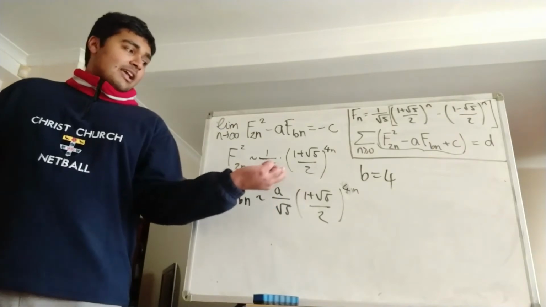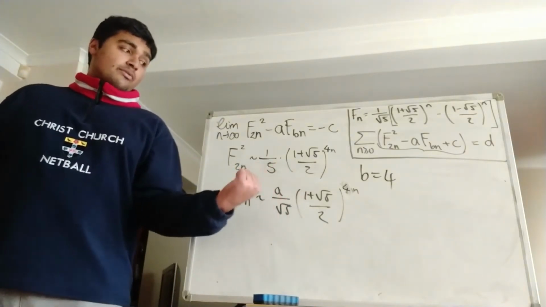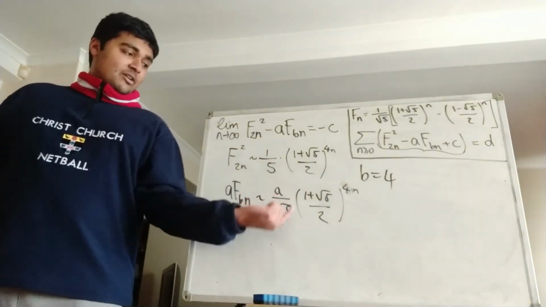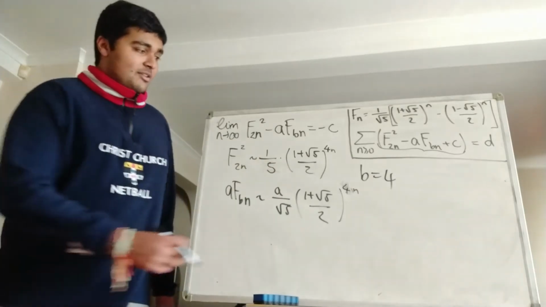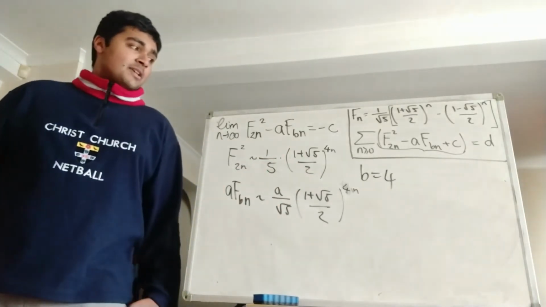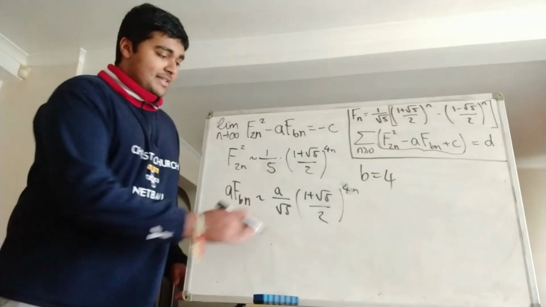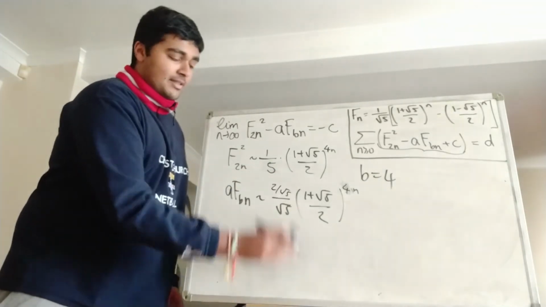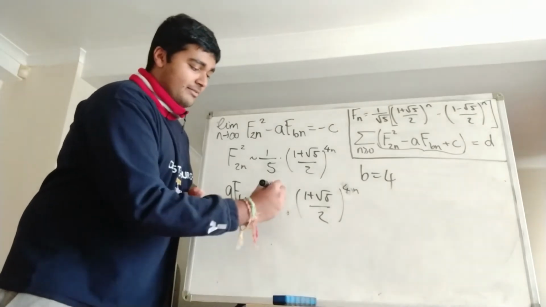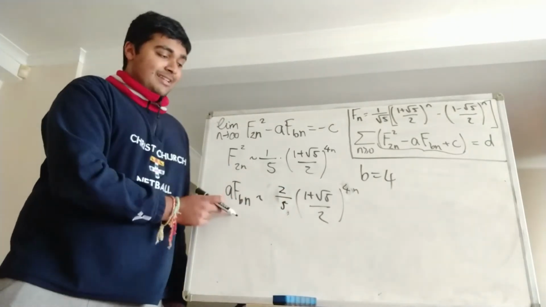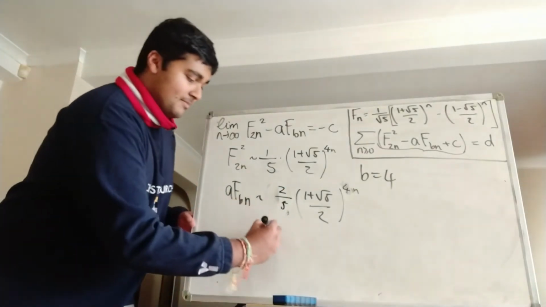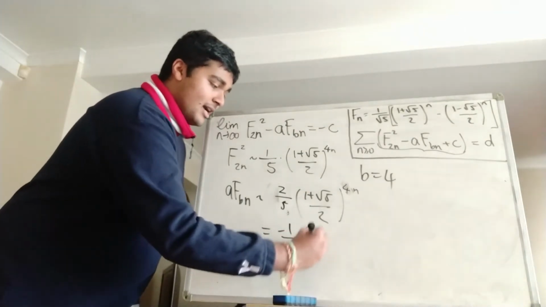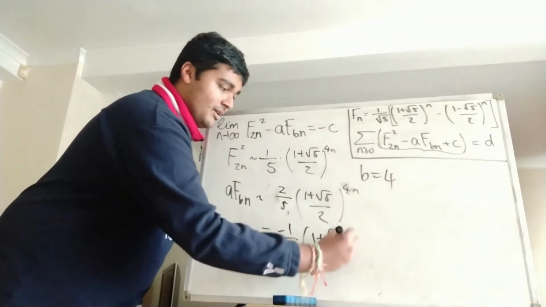And also, obviously, if a does not equal 1 over root 5, then these leading coefficients won't be the same, so these guys won't cancel out with one another. So say a was not 1 over root 5, say this thing here was 2 over root 5, then this whole thing would just be 2 over 5. And when we did this minus this, we just get minus 1 over 5 times (1 plus root 5 over 2) to the 4n.